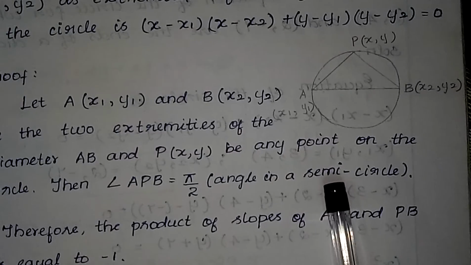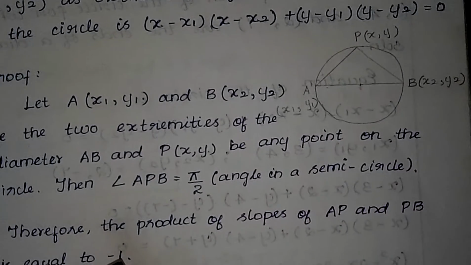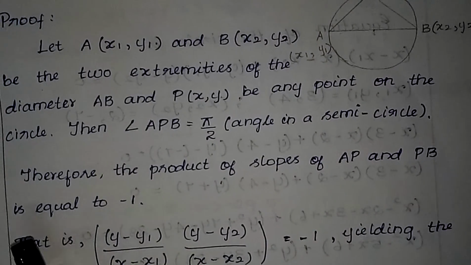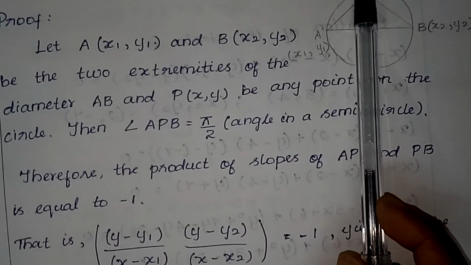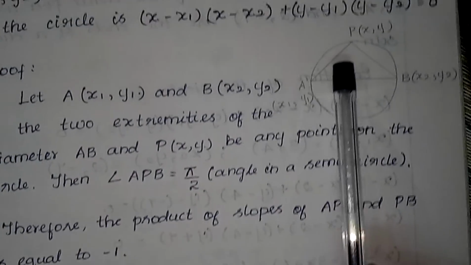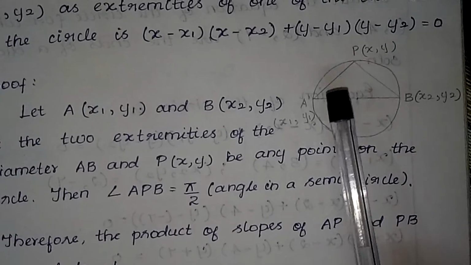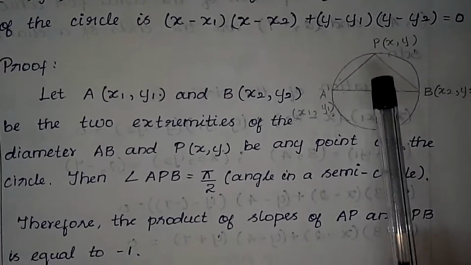Angle in a semicircle, in this semicircle, this angle will be 90 degree. Therefore, the product of slopes of AP and PB is equal to minus 1. That is, perpendicular. Two lines are perpendicular means the product of the slopes will be equal to minus 1.